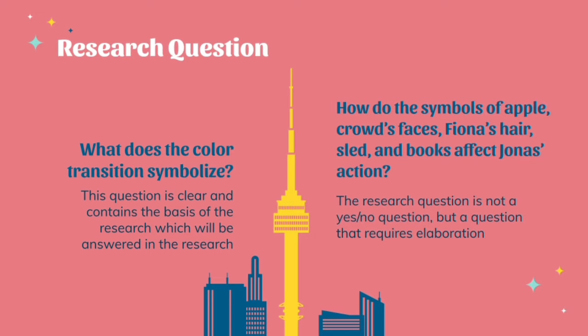And then the second research question is, how do the symbols of apple, crowd's faces, Fiona's hair, sled, and the books affect Jonas's action? This research question is not a yes or no question, but a question that requires elaboration.